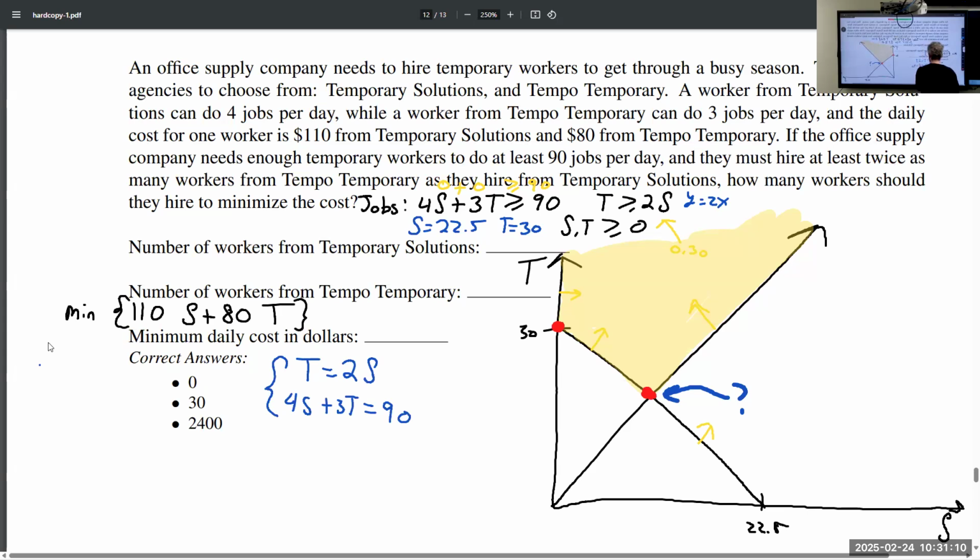So we can substitute this, so that's 4s plus 3 times 2s equals 90. And that's going to be 6s plus 4s, which would be 10s.